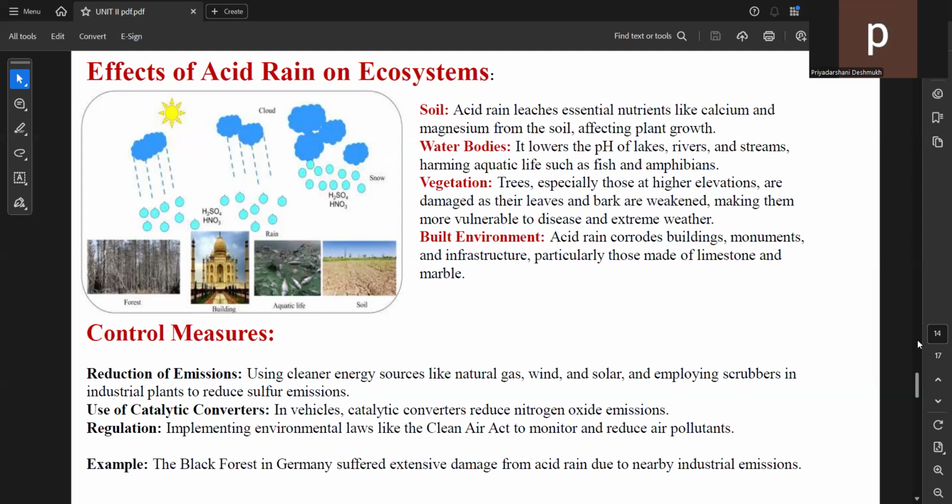Now, these are the effects of acid rain, and the main problem is how to control it, because it plays an important role in disturbing the ecosystem, so we should minimize or control acid rain. It can be controlled. There are some measures, that is reduction of emissions.